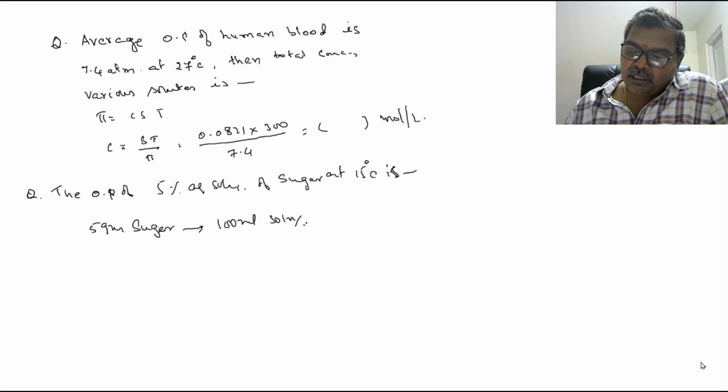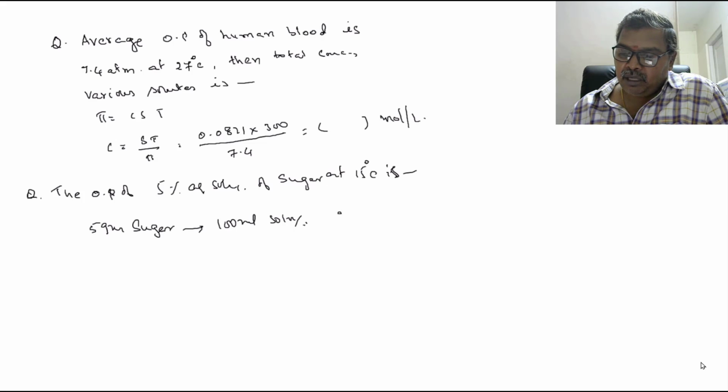So 5 gram sugar dissolved in 100 ml of solution. Temperature is 288 Kelvin. So now apply the formula. Pi into 100 by 1000, volume must be in liters.